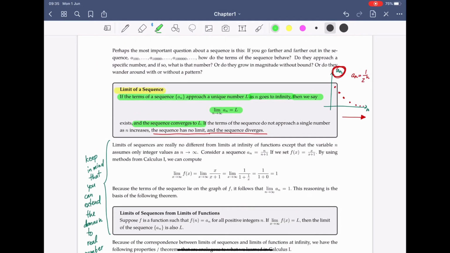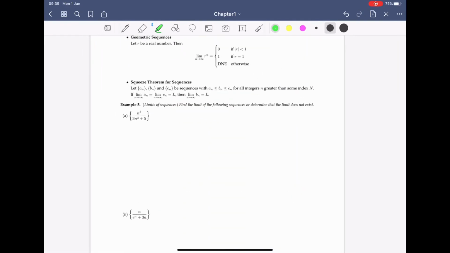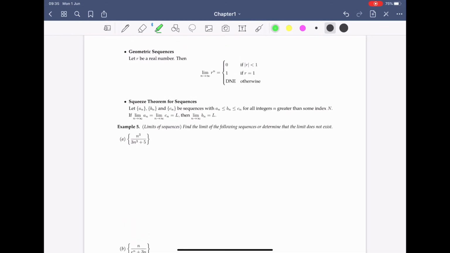You can also use the property of geometric sequences here. If you see the limit of r to the n, this goes to 0 if the absolute value of r is less than 1. It goes to 1 if r equals 1. And it does not exist when the absolute value of r is bigger than 1.